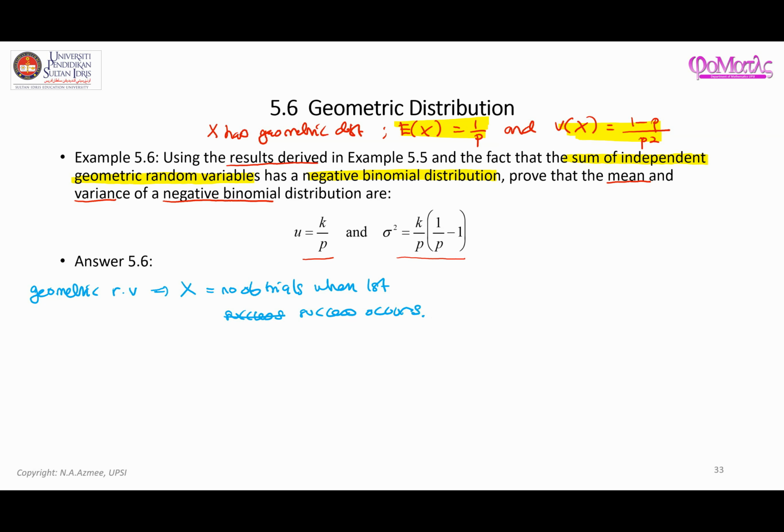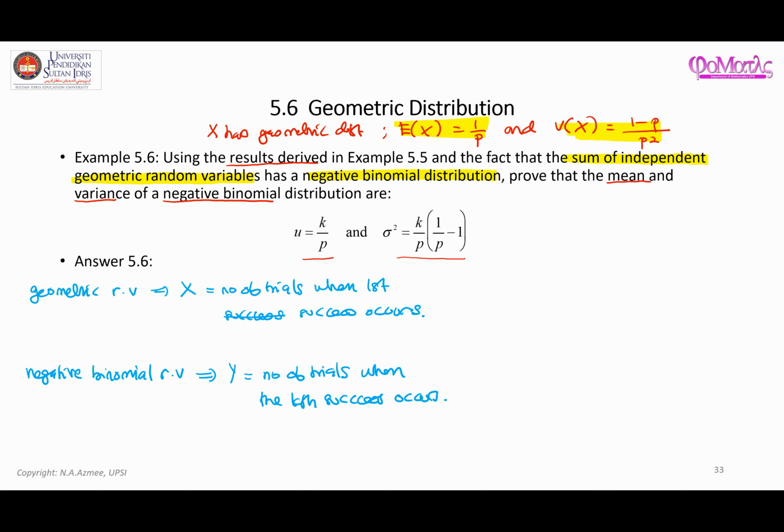On the other hand, if we have a negative binomial random variable, for clarity let me use another letter to represent it. I'm going to use Y. So Y here represents the number of trials when the kth success occurs.